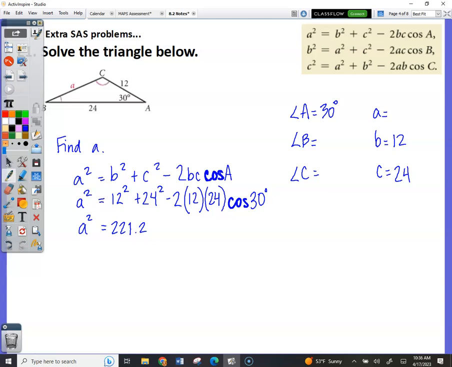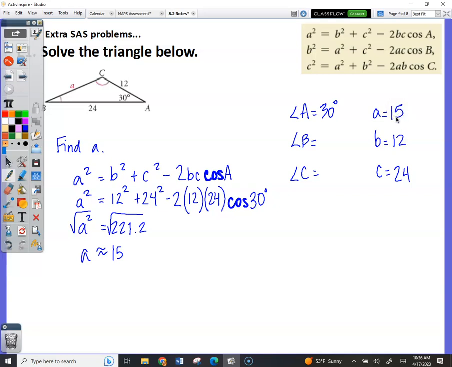And remember, that's A squared. If you forget that, and you start trying to write 221.2 as your answer, it should look weird. It should look off, right? So that's your reminder that you have to go in and square root this. So when you square root it, you end up with 14.9, rounded. So A is approximately 15.